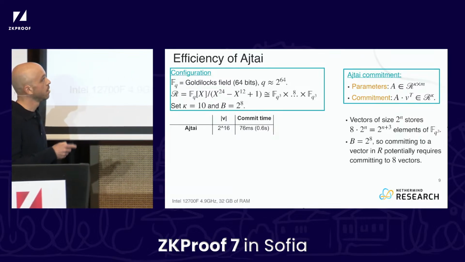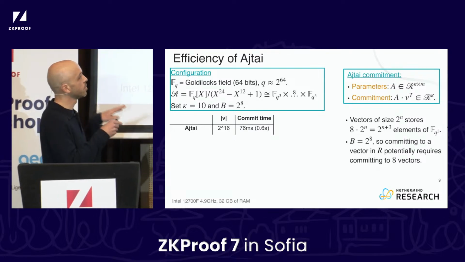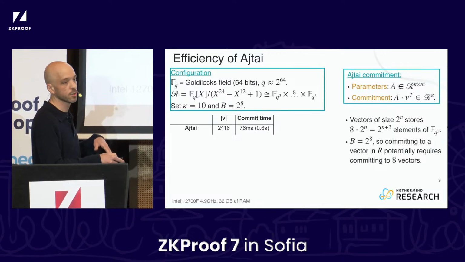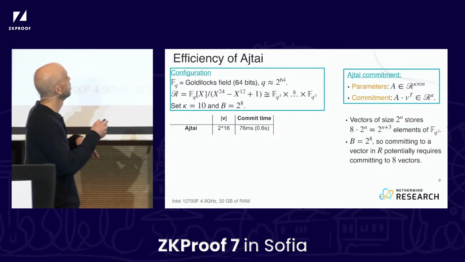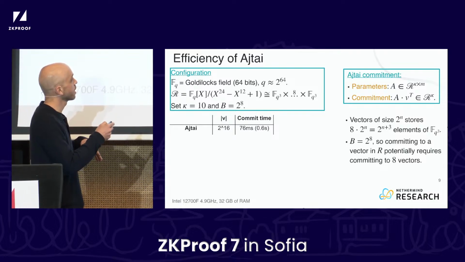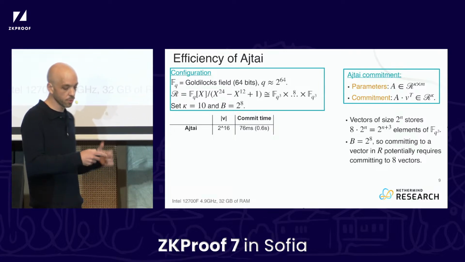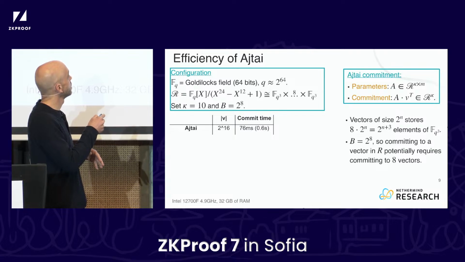On the other hand, because the norm bound is 2 to the 8, if we want to commit to a vector of arbitrary norm, we would need to split the vector into 8 vectors and commit to each vector separately. In this case, we would need to pay 8 times 76 milliseconds, which is about 0.6 seconds. So if we want to commit to a vector of low norm, the cost is 76 milliseconds.